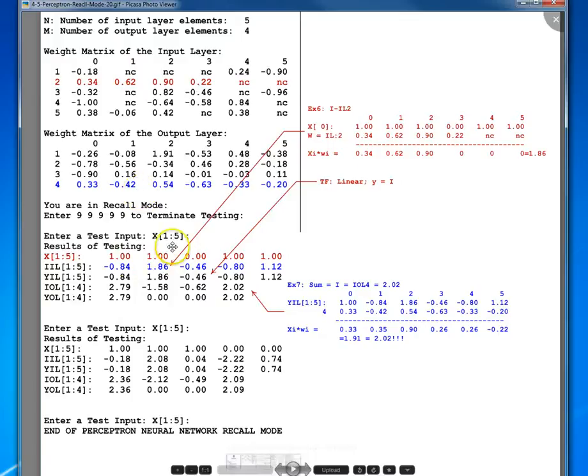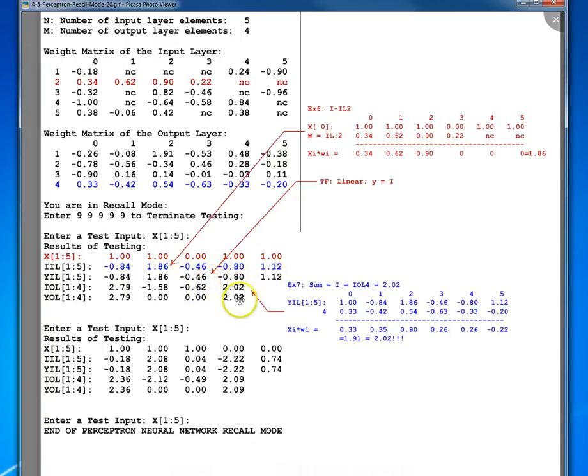So the input is 1, 1, 1, 0, 1, 1, the bias element and 11011, and the weights are 0.34, 0.62, this row. If you multiply these corresponding elements, you'll get the I2 value in the input layer, that is 1.86. Since it is a linear transfer function, I equals y, and therefore you will get the same value of 0.84. This is a linear transfer function.